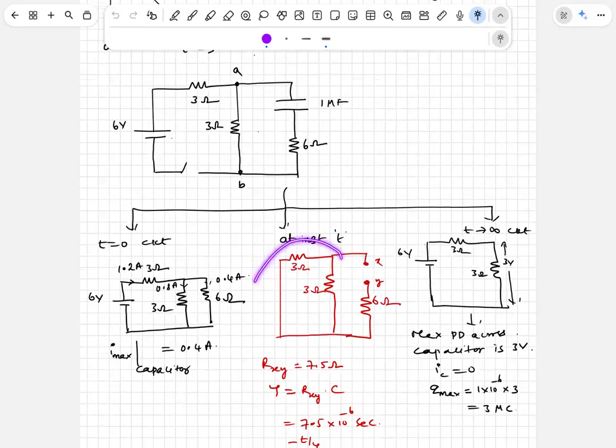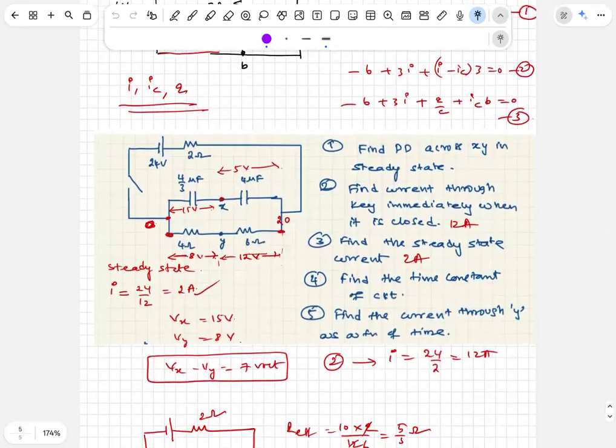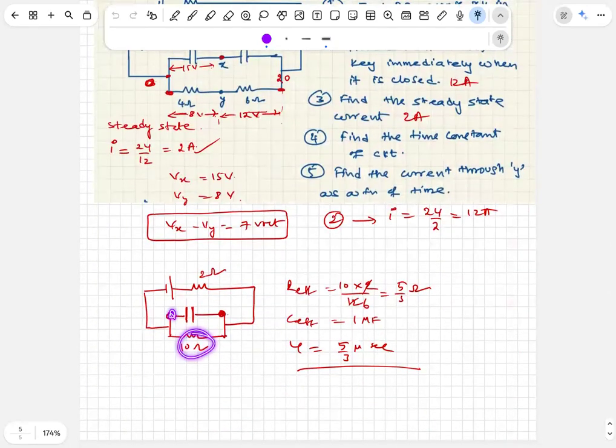So then what is the path? This is 1 plus 6 ohms. The same thing. Across this, 10 ohms and 2 ohms in parallel. Right, 10 into 2 by 12, that is 10 by 6, 5 by 3 ohms.